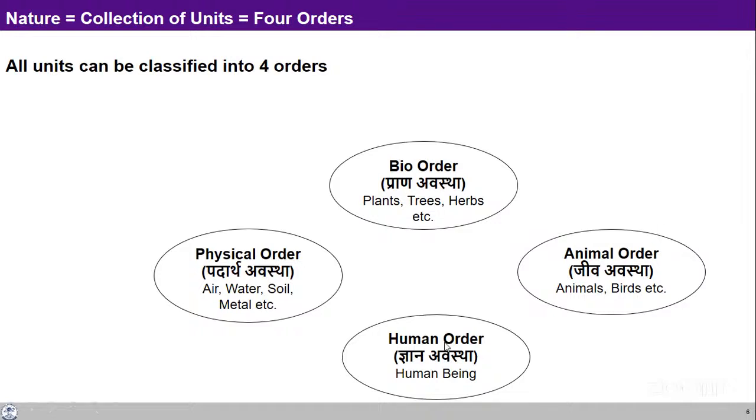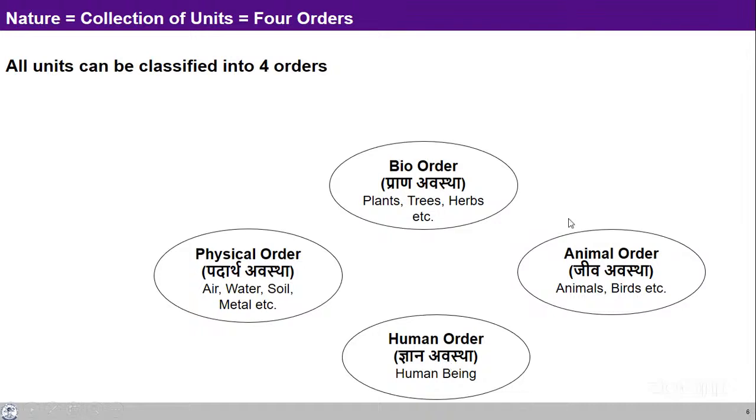In the human order also we can see that respiration is there, growth is there, assuming and knowing are there. We know the difference between human order and animal order. So this way we can classify these orders as physical order, bio order, animal order, and human order.